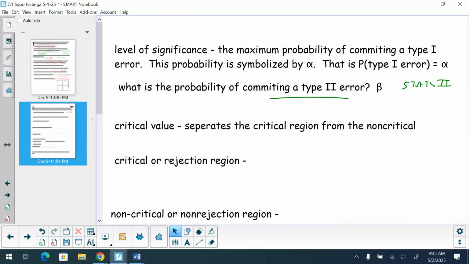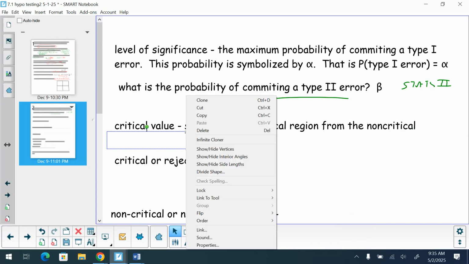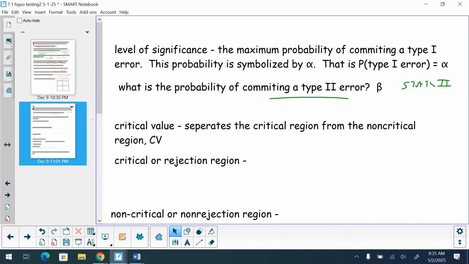We're going to have critical values. And as we go through this, there's a lot of stuff that we're going through right now. But when we get to actually doing hypothesis testing, it will look very similar to some of the ideas that we've already talked about.